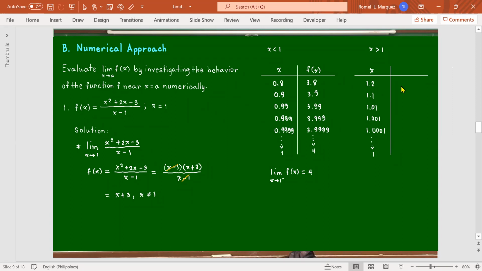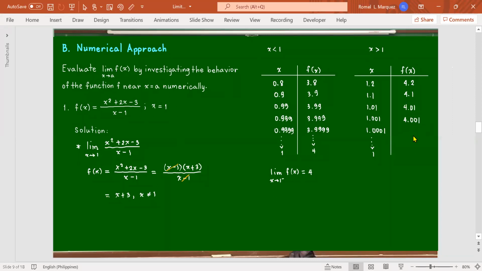So when x is 1.2, the corresponding value of the function is 1.2 plus 3, 4.2, no? And then when x is 1.1, 4.1. When x is 1.01, f of x is 4.01. If x is 1.001, f of x is 4.001.